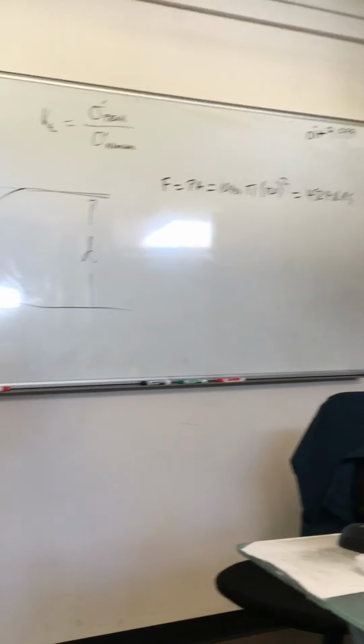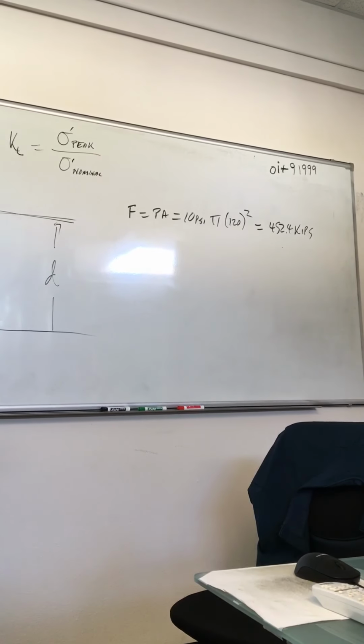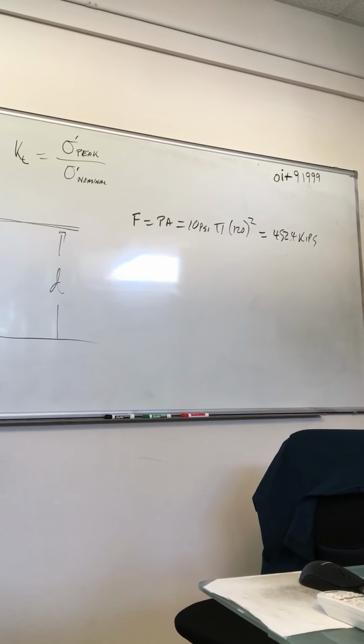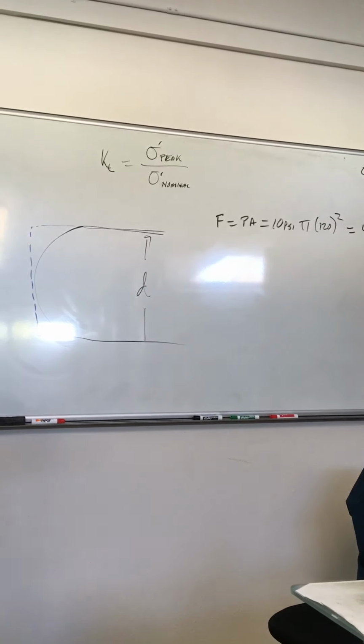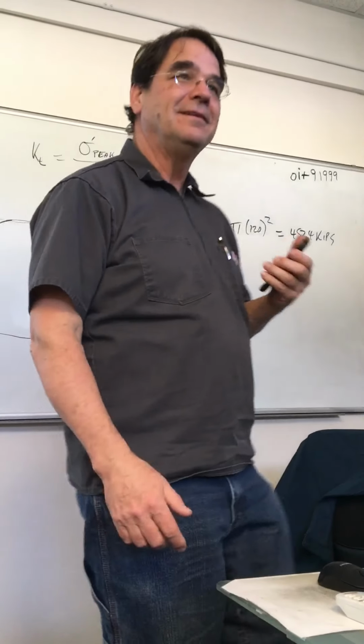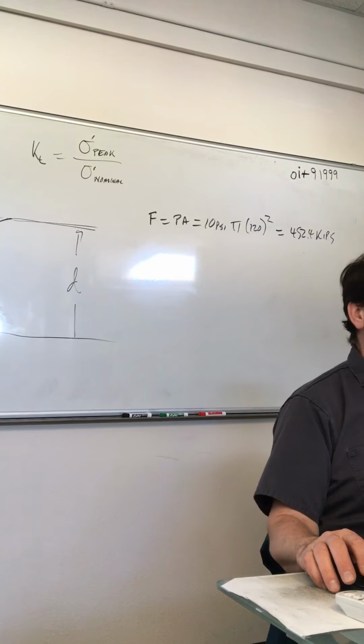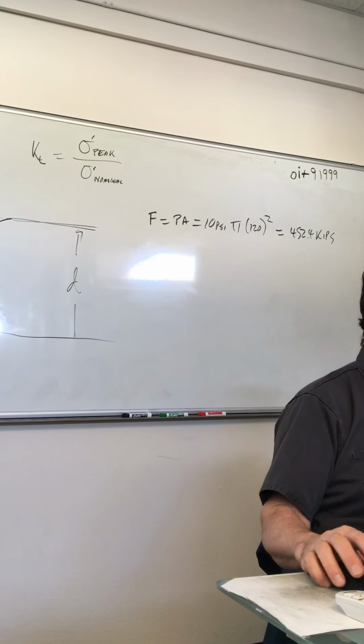Okay, so I put 452.4 kips on that darn thing. I got a section of it. Right, so what do I do? I kinda have to figure out how much of it's on this section.